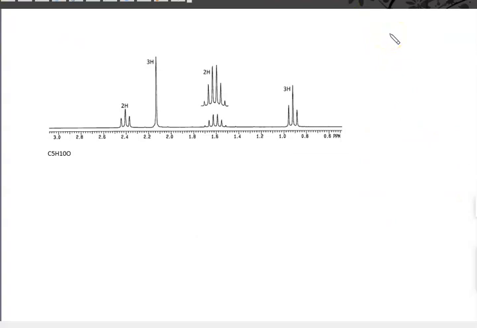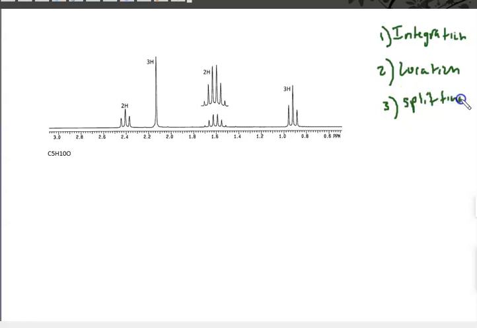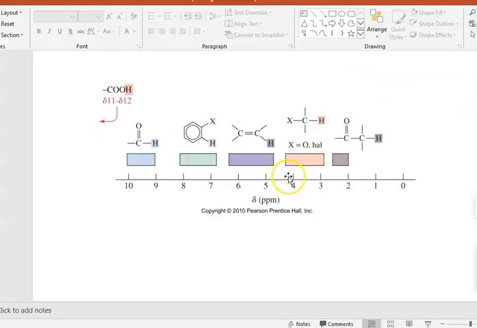Okay, so let me put number 1 here. First thing is integration. 2 is location. And 3 is splitting pattern. Okay, so remember, on the location, go back to this slide.